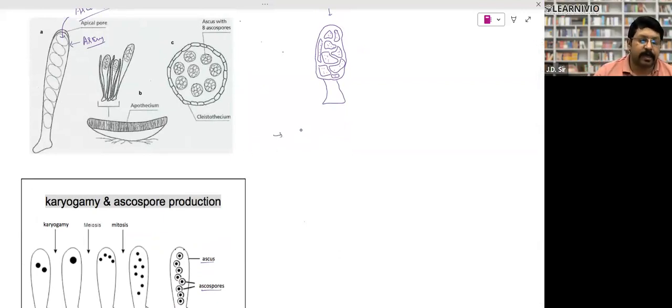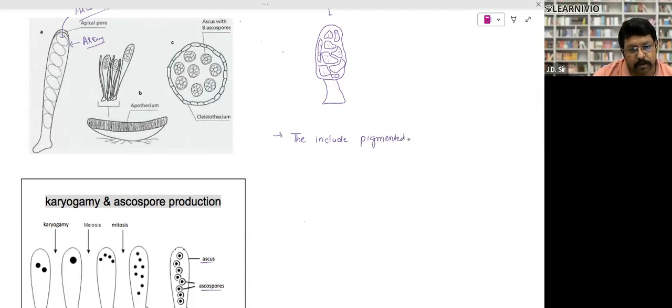First talk about the general characteristics. They include very interesting, that is the question basically. They include pigmented mold. What does it mean?